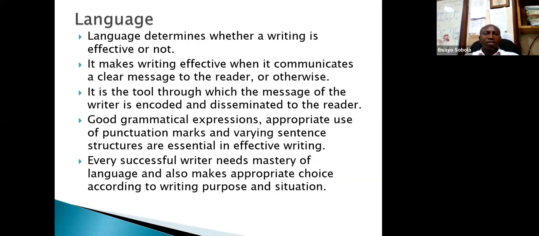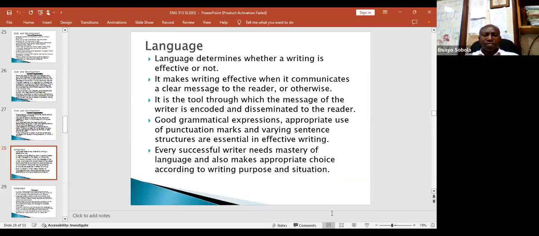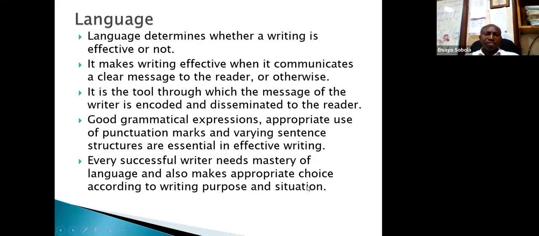So we are looking at language. And this is very crucial in every writing. So language determines the beauty, the quality of your writing, especially in the assignments you have to do.